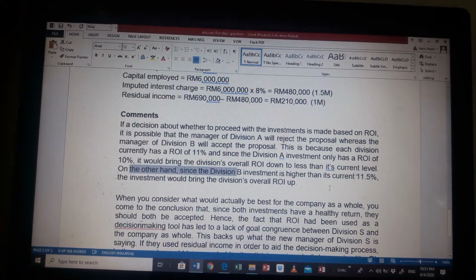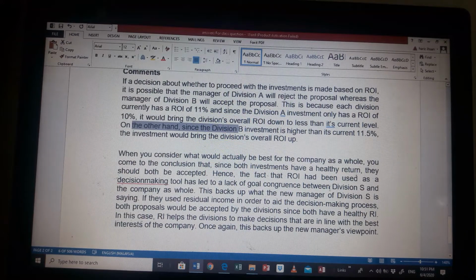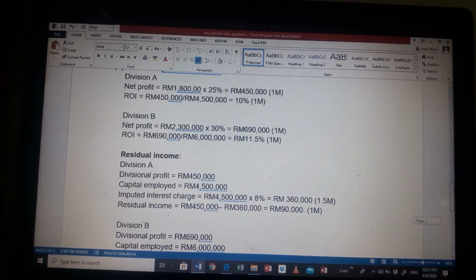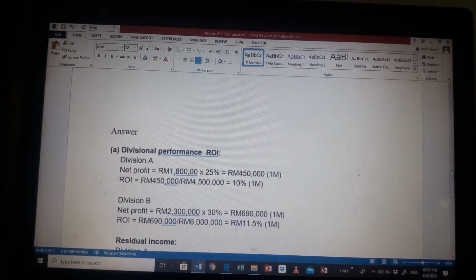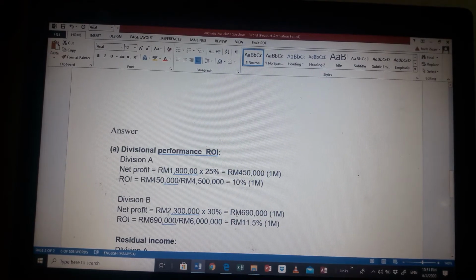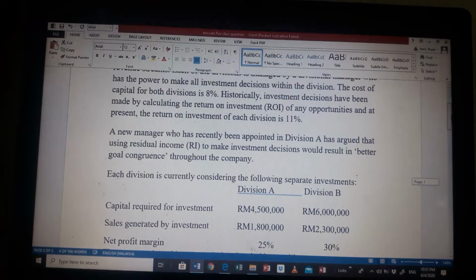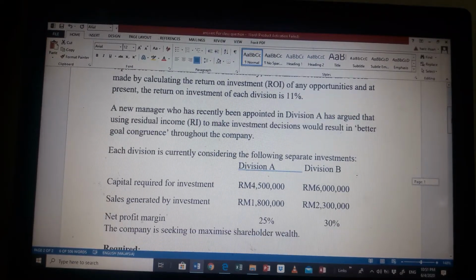However, we actually have to look at what's best for the company. If you look at the company as a whole instead of by divisions, the residual income of division A is 90,000.